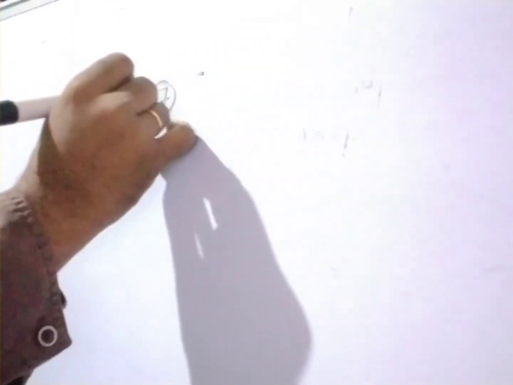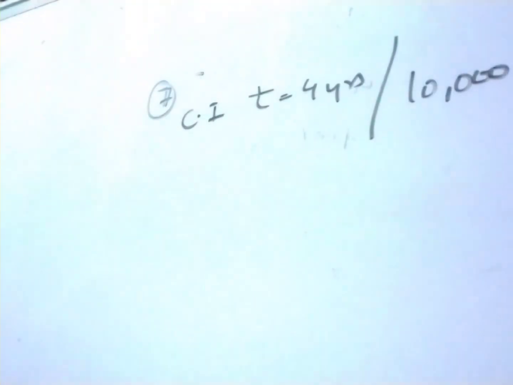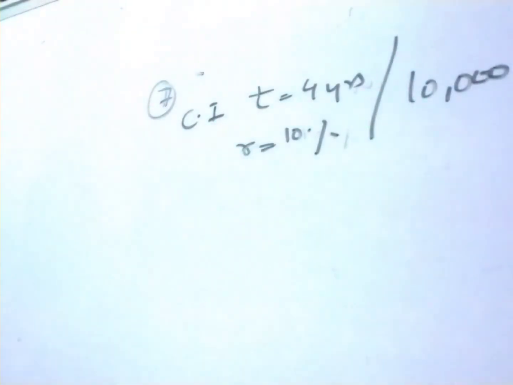Find compound interest. Time is equal to 4 years. Amount is equal to 10,000. Rate is equal to 10%.